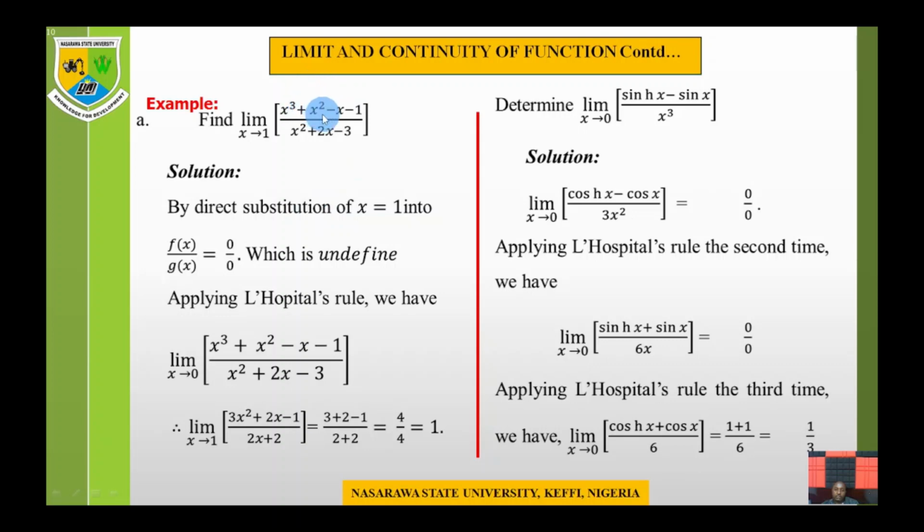Here we are assuming that the numerator is our f of x, because it is a polynomial in x and can stand as a function on its own. We are also calling the denominator g of x because it is a polynomial in x and can as well stand on its own as a function of x. So when you make a direct substitution of x equals 1, since x is approaching 1, you will have this undefined quantity 0 over 0.